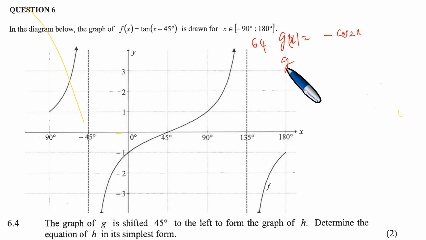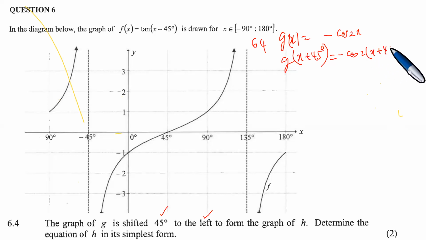But it is shifted 45 degrees left. A 45 degree left shift means you are adding 45 degrees to x. You add, and then it becomes a left shift. And therefore here, we have 2 into x plus 45 degrees, so G into x plus 45 degrees.